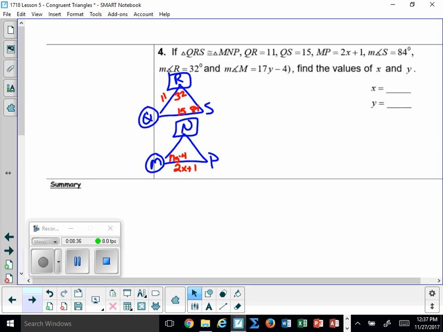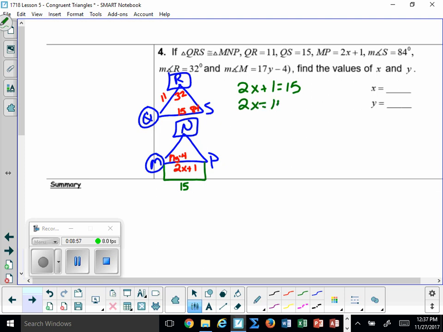Okay, so let's see here. I've got QS congruent to MP based on my diagram, which means MP has to equal 15, just like QS. So 2x plus 1 equals 15. X is 7.